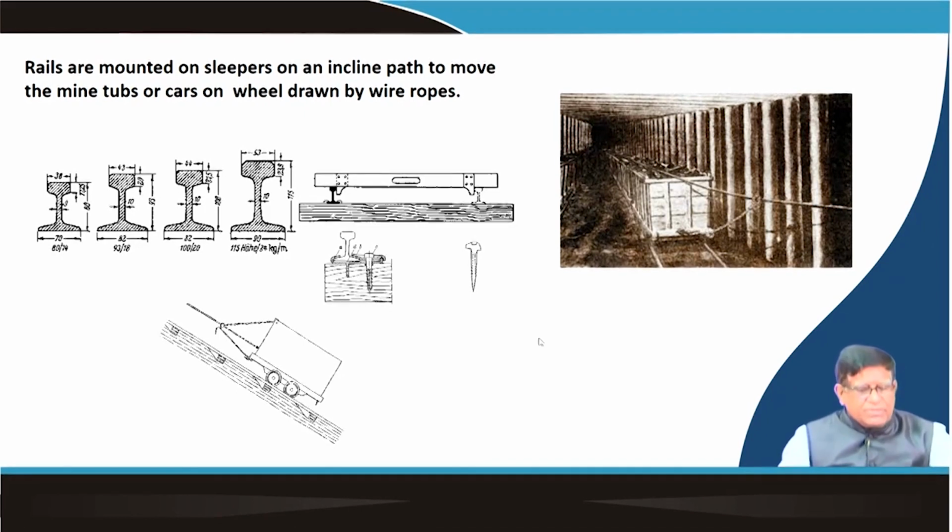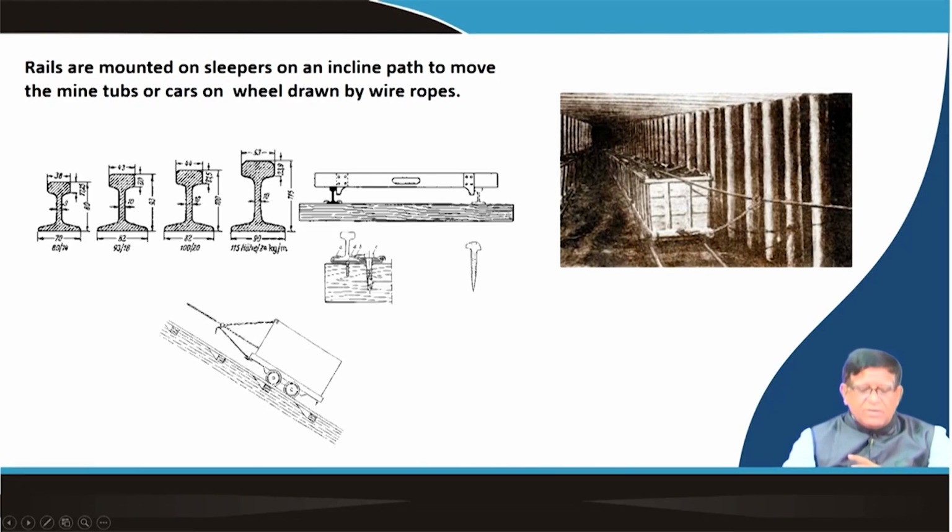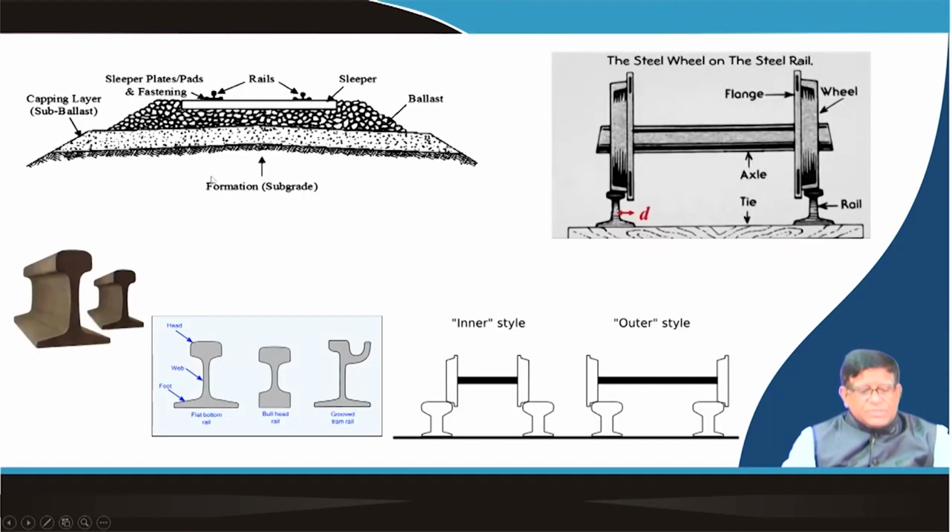And the cross section of the rail you can see over here, different types. This is just like a T section, and we have this base connected to the sleeper, anchored here with the help of this clip or sometimes with a pin nut, and depending on the size and the load, there could be a different arrangement.